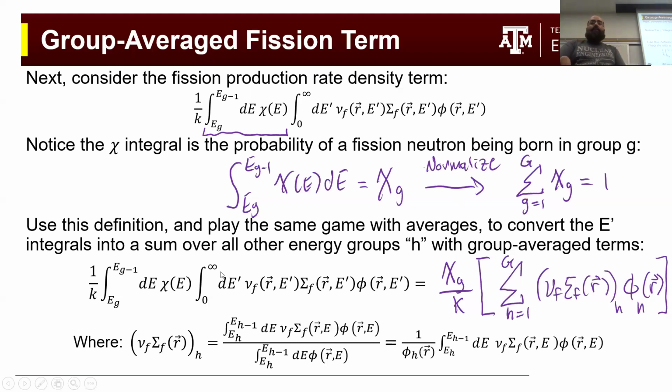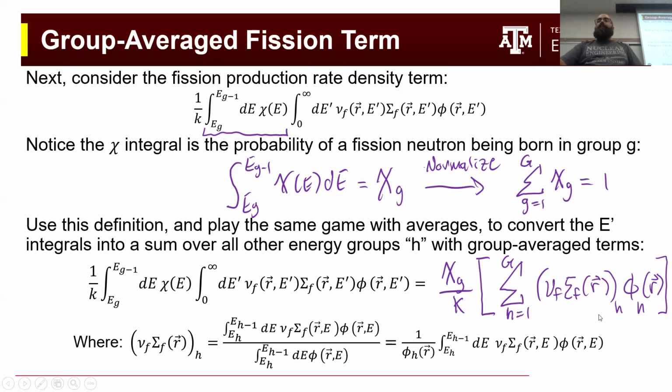So if I rewrite the integral as a sum over all other groups little h, and then use clever definitions of an average, then I can rewrite this big complicated integral as a sum of effectively my group fission production terms. I'm taking the fission production term from every single group and adding those all together.